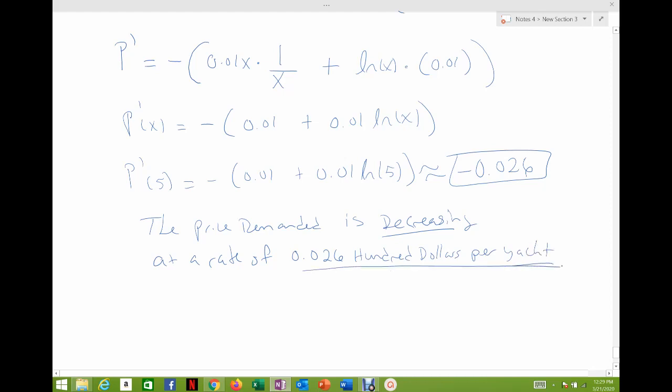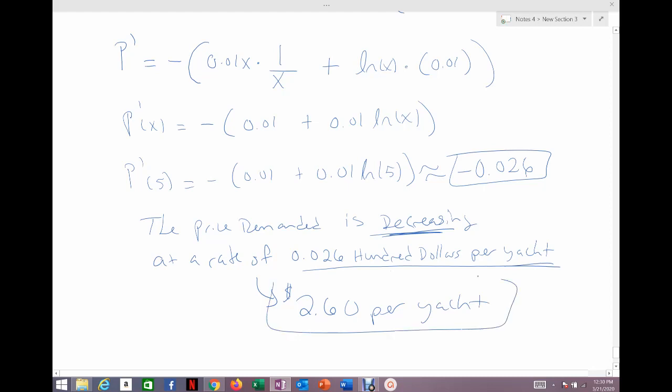All right, that's one way you could do it, or you could multiply this out by 100 and change it to dollars per yacht if you wanted to. So an alternative to this could be at a rate of, so it's still decreasing, at a rate of 2.6, so $2.60 per yacht. That's an alternative.